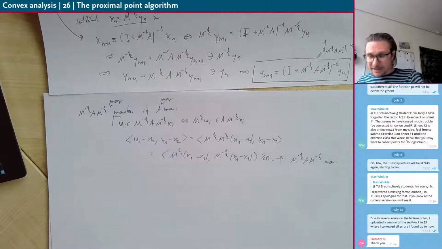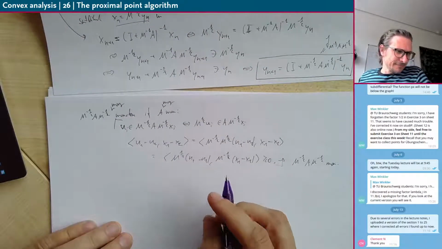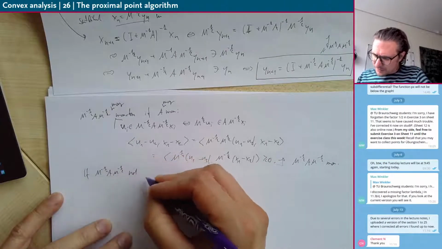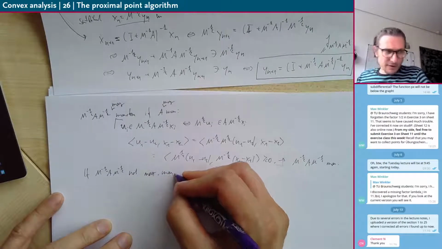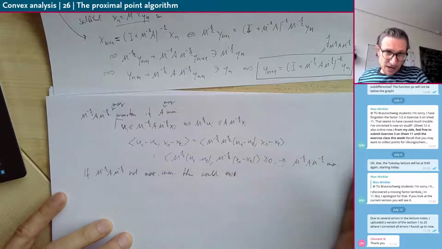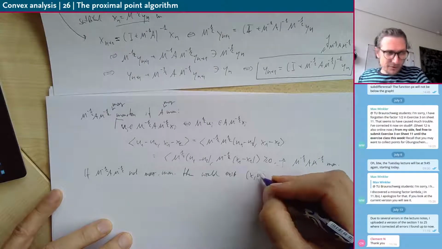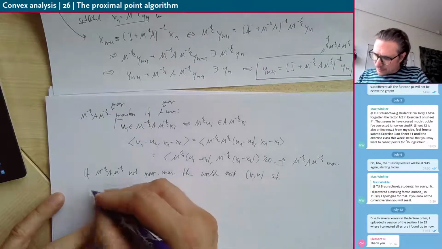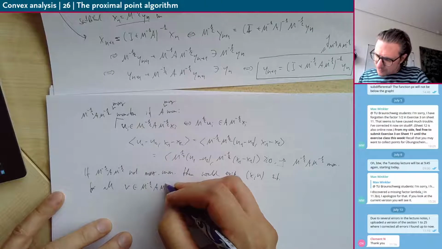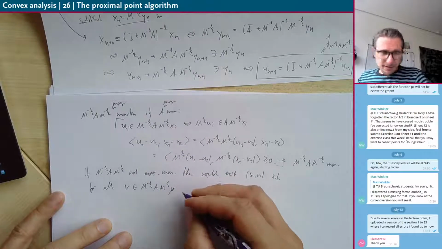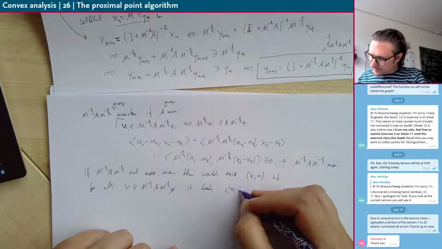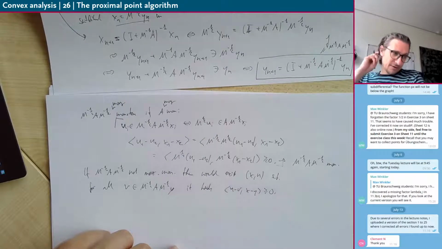Okay, how about maximality? If M to the minus 1/2 A M to the minus 1/2 were not maximal, we could enlarge the graph, so there would exist a pair x and u such that for all v in M to the minus 1/2 A M to the minus 1/2 y, it holds that u minus v, x minus y is larger than 0.